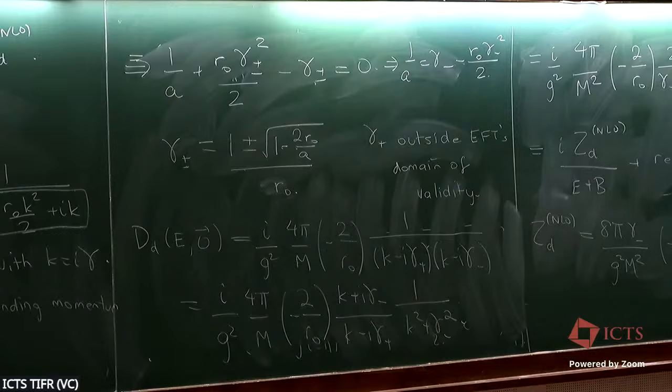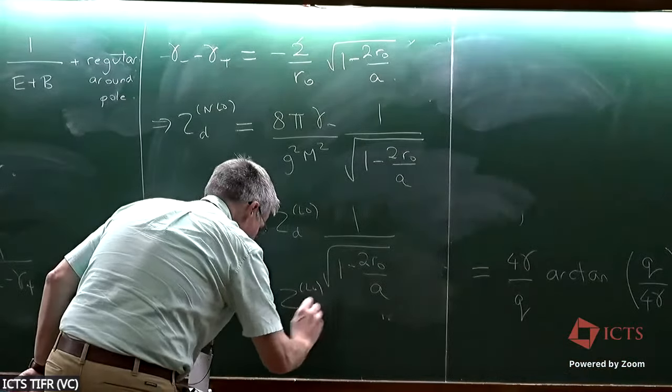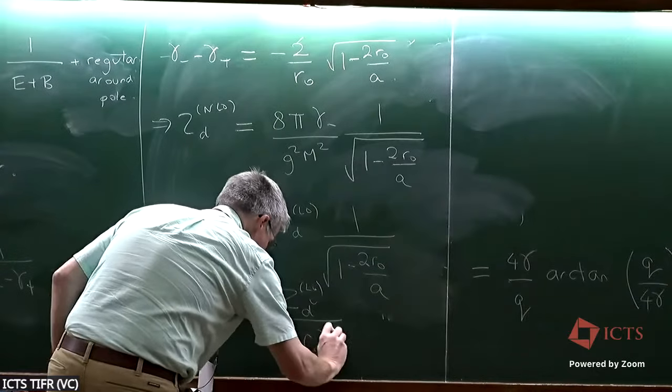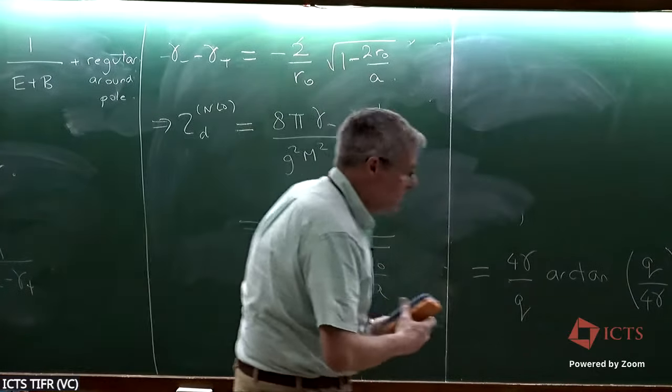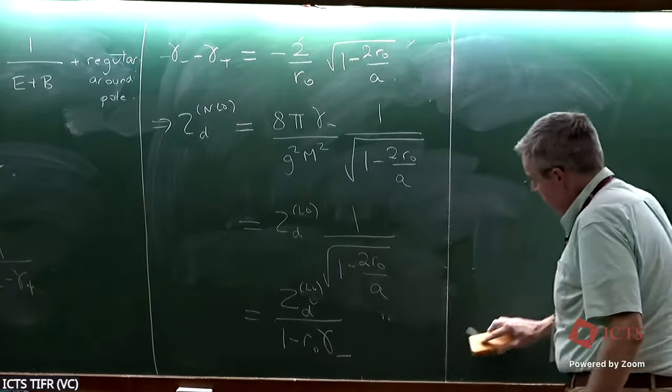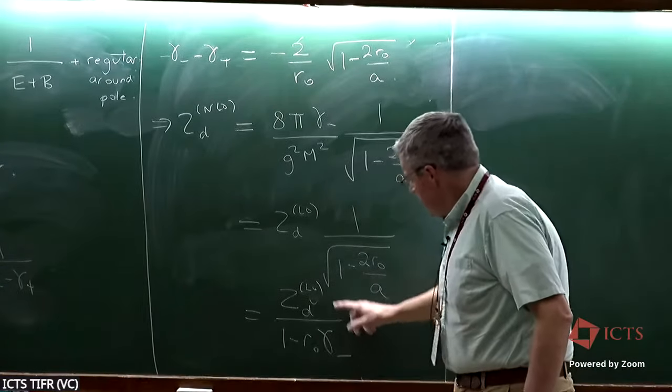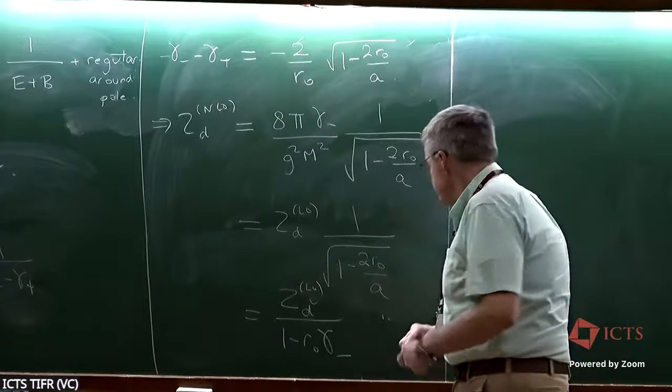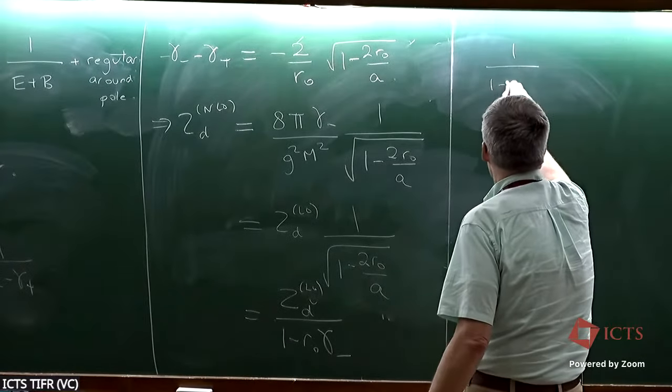You have the square of 1 minus r0 gamma. And so a simpler form for this is just that it's Z_D at leading order divided by 1 minus r0 gamma minus. And for those of you who are interested, numerically, this factor is about 1.65. So this is not a small correction.